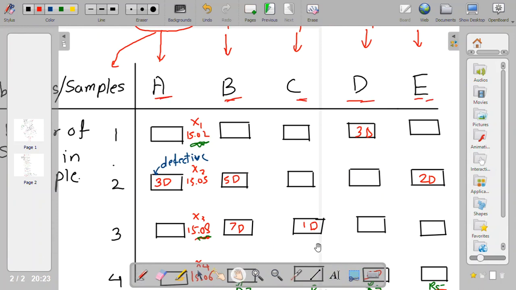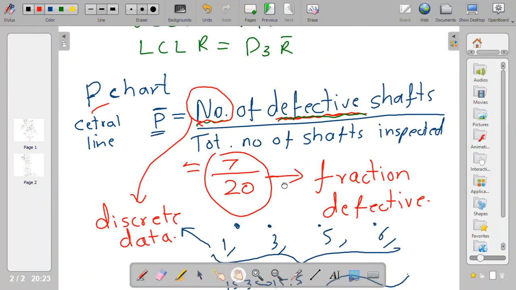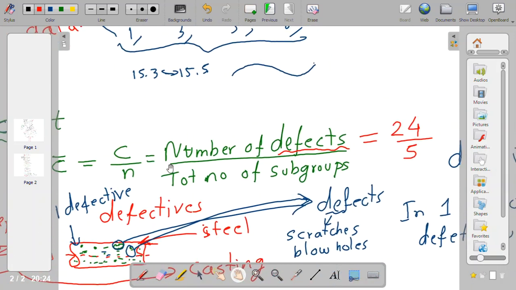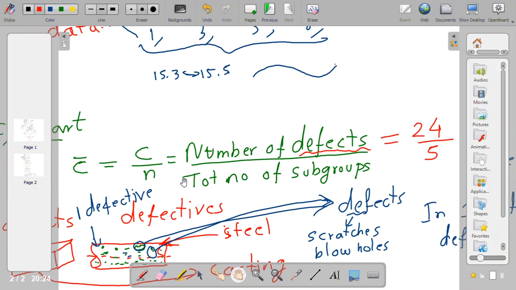Okay, total number of 5. So if in data they have given the number of defects, that time you have to choose C chart. Okay, number of defects. If they have given number of defectives, that time you have to choose P chart.